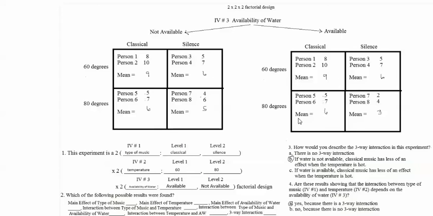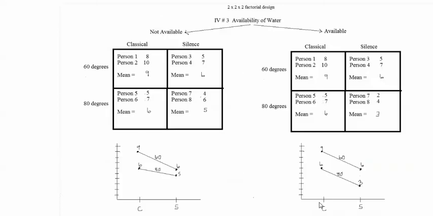So when water is not available, classical music has less of an effect when the temperature is hot at 80 degrees. So the results are showing that the interaction between music and temperature depends on water, because the reason why it's yes is because we have an interaction over here and no interaction over here.